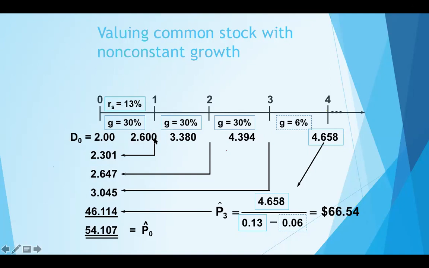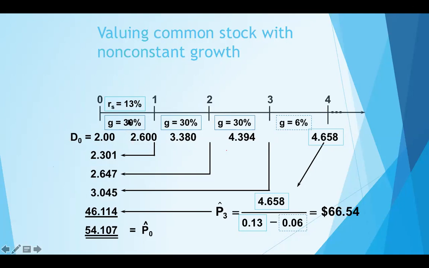So 2.60 is the first year dividend. Second year, again, increase another 30%, which is 30% more of D1. Third year, we have another 30%. Then starting on the fourth year, we have a 6% growth rate, right?